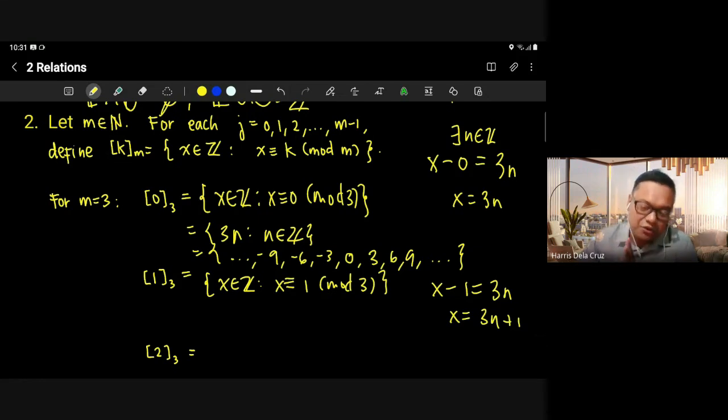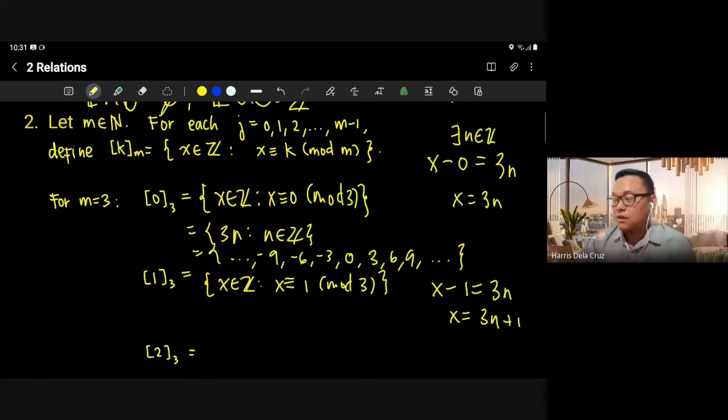In the language of number theory, this means that when you divide x by 3, the remainder is 1. For example, 6 divided by 3 is 2 times 3, remainder 0. For 7, 2 times 3 plus 1, remainder 1. So 7 can be written as 3 times 2 plus 1. It is of the form 3n plus 1.